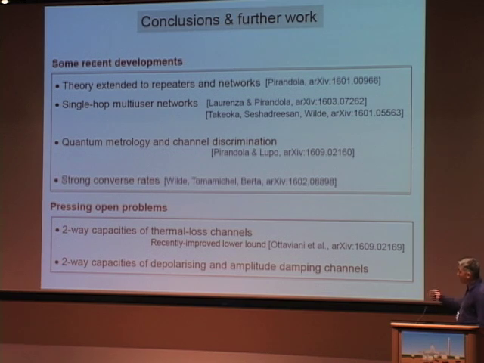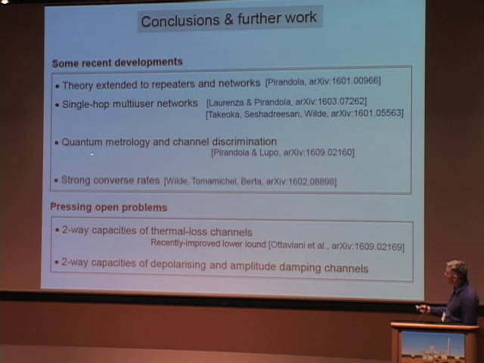Now, there are also some other developments. This is the last slide. Mark talked before about the strong converse rates. So one can extend the results to finite n uses of the channels. There's also an extension for broadcast channels in these two papers here.